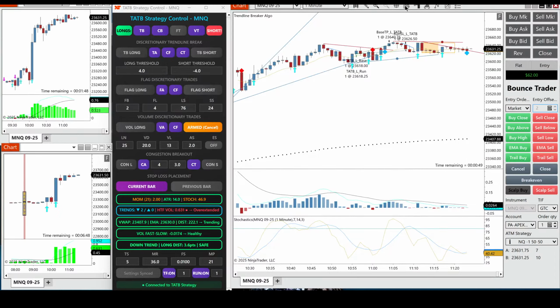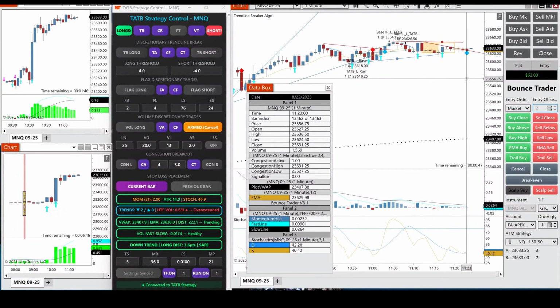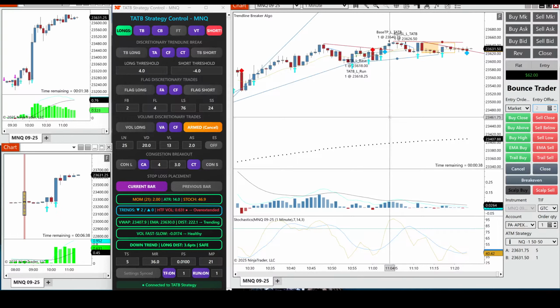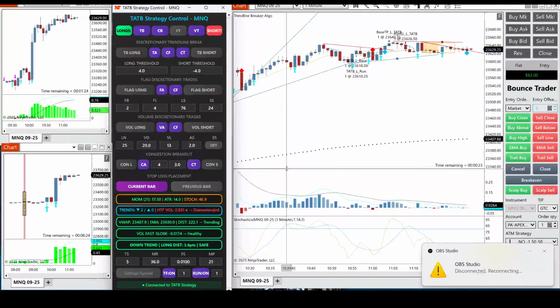I think that's wrong. 40. Yeah, it's getting really congested. I don't take the trade.